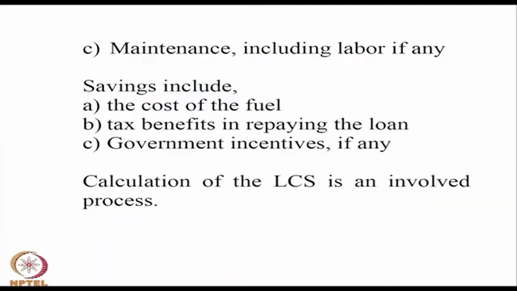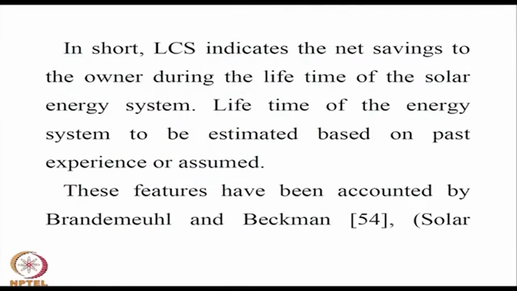The calculation of this is an involved process, because the fuel prices do not remain constant, the interest rates may not remain constant, the auxiliary power rate may not remain constant. So, all these features have to be taken into account, of course, assuming a certain scenario.